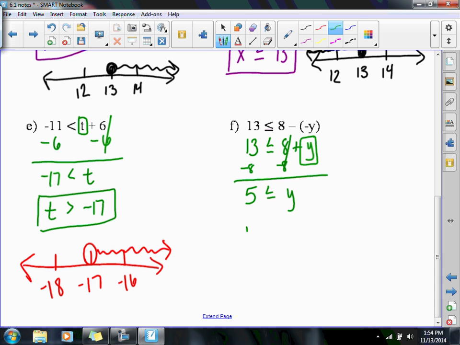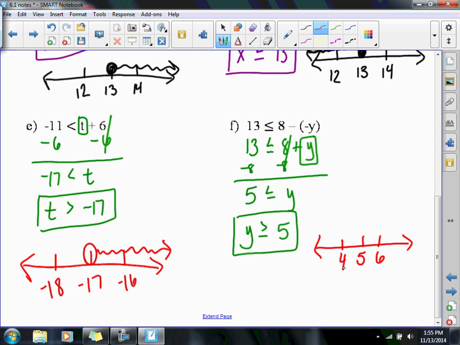And then I'm going to completely rewrite my expression here. So I have y is greater than or equal to 5. So I'll put 5 and 6 and 4 on the number line. Solid circle on the 5. I'm going to shade everything greater than 5.